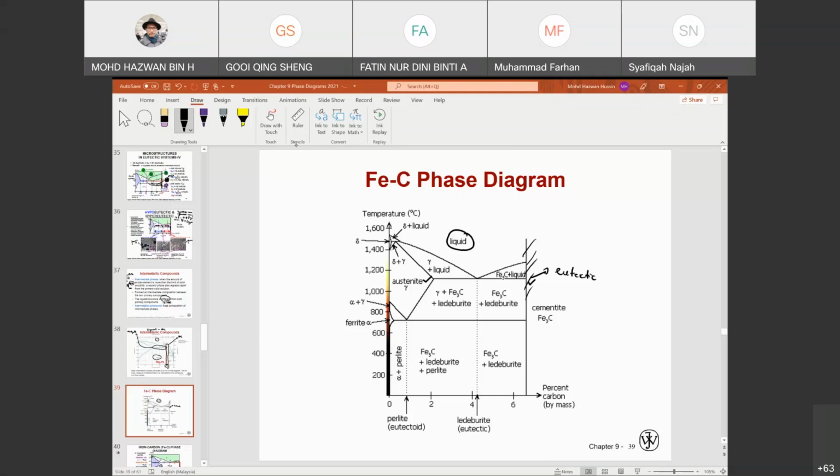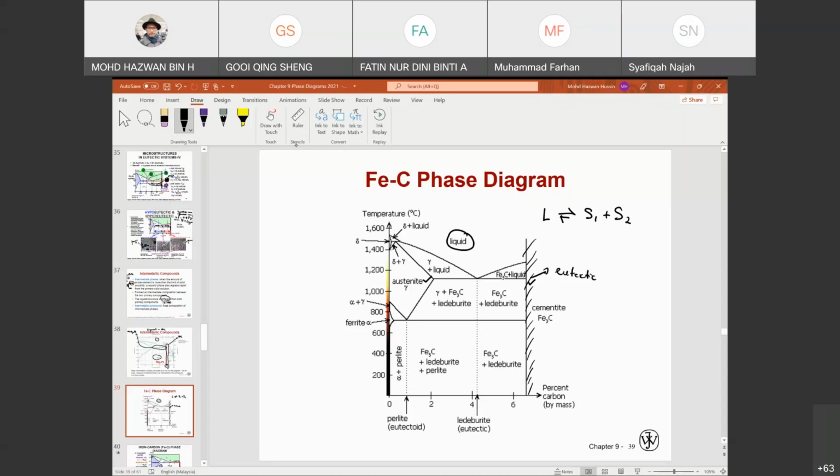Both of these are solids. So to define eutectic, it means that you have one liquid, and when you cool it, it will form two solids, solid 1 plus solid 2.